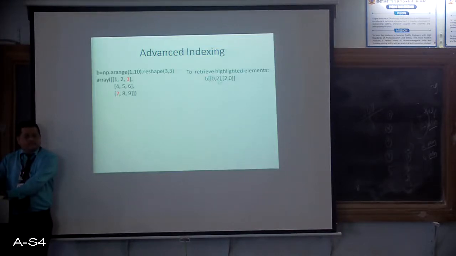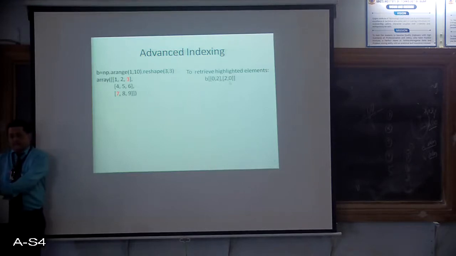The row index of element 3 is 0 and the row index of element 7 is 2. The column index of element 3 is 2, and the column index of element 7 is 0. So this will retrieve 3 and 7.